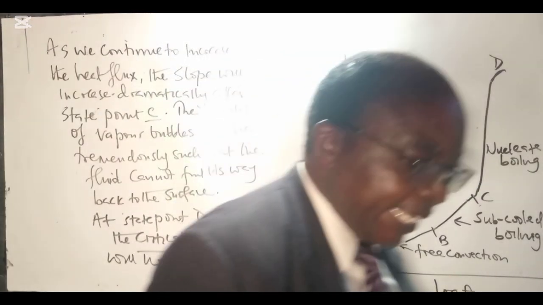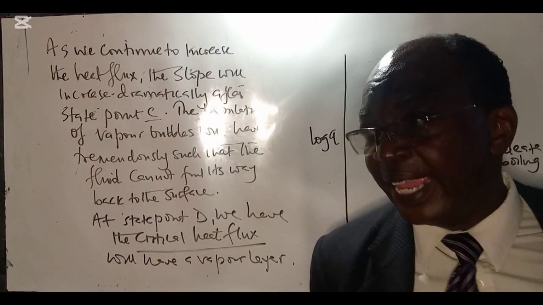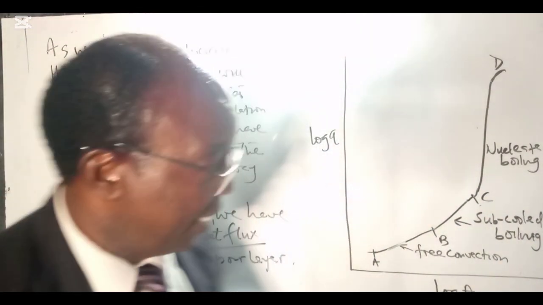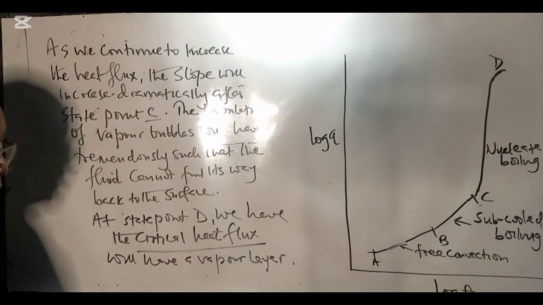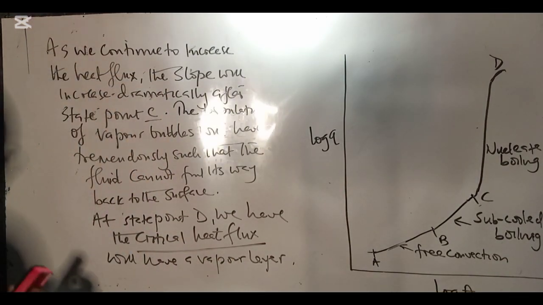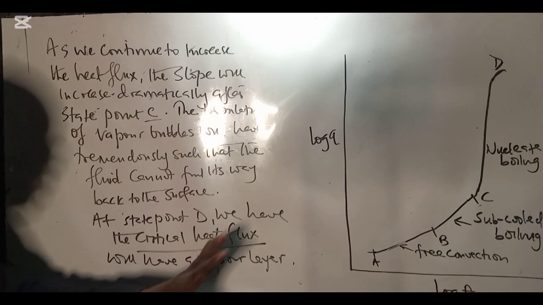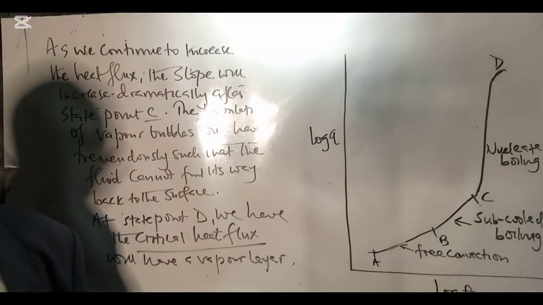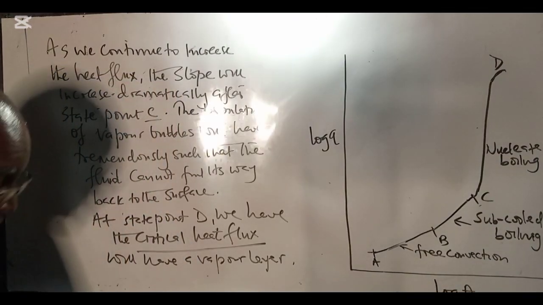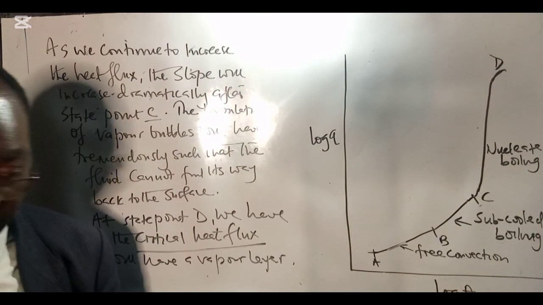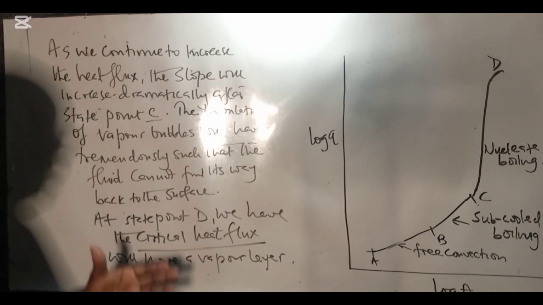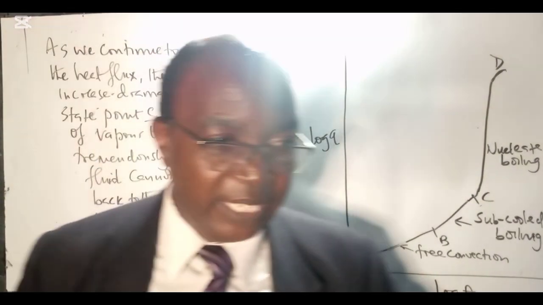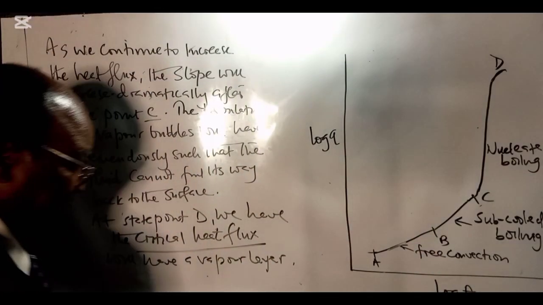And so there will be a dramatic increase in the temperature of the heating surface. So I repeat, at state point D, we have the critical heat flux. We have generated huge populations of vapor bubbles, and now even the fluid cannot get its way back to the surface.